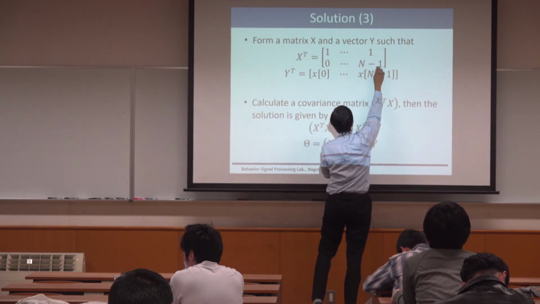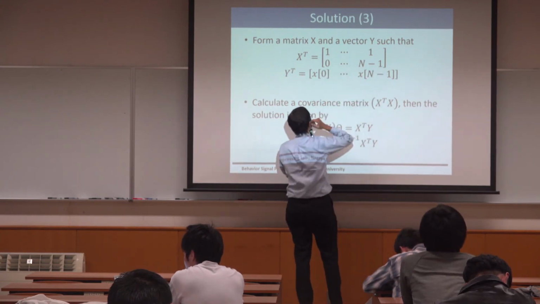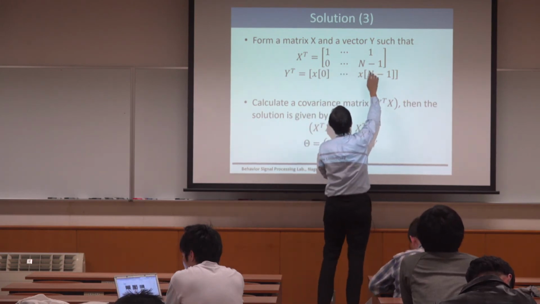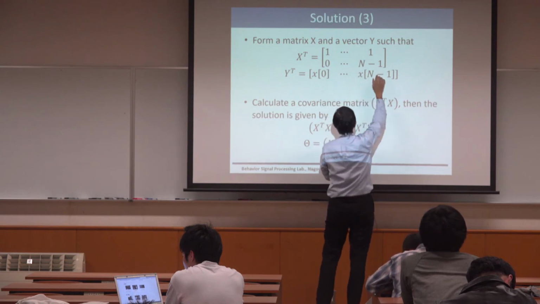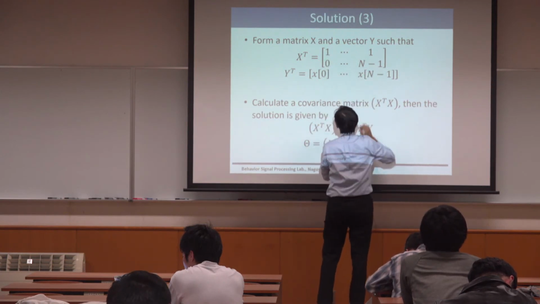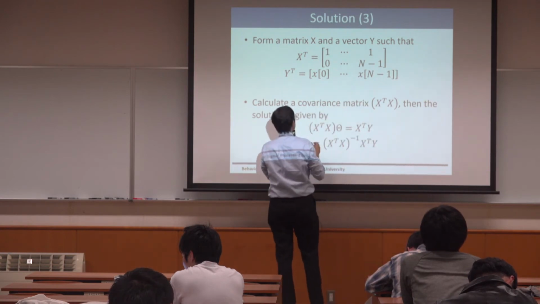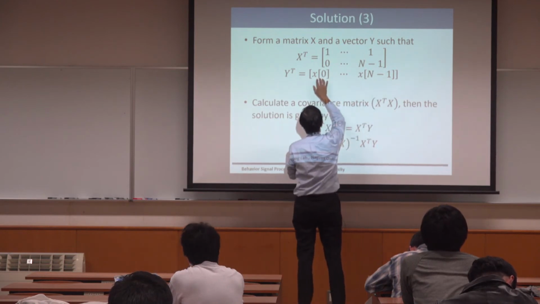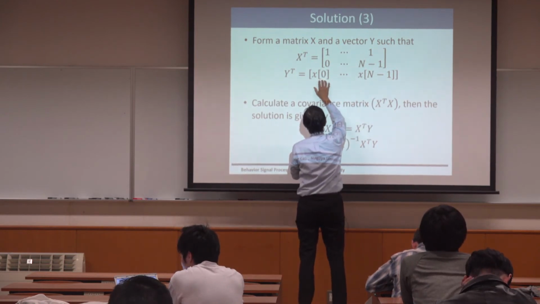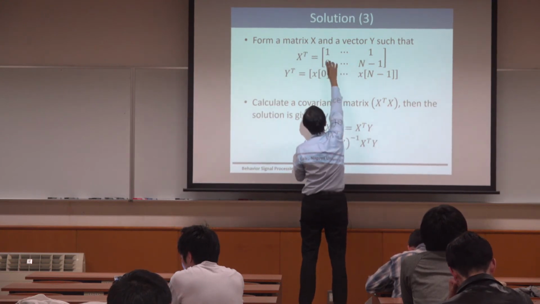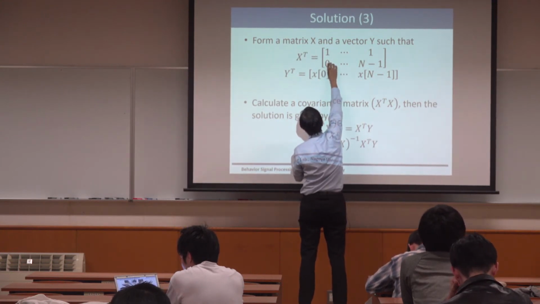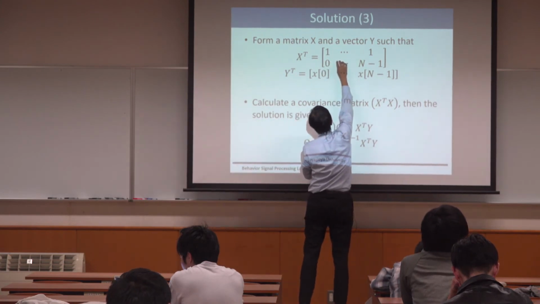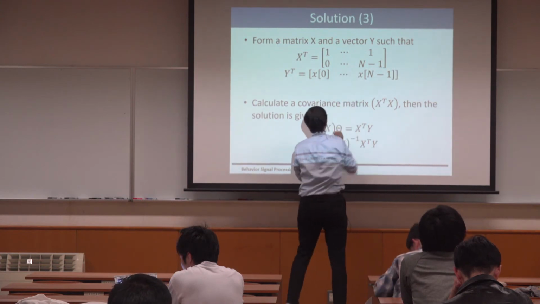And another is actually a vector which also aligns the independent variable, and also second, the dependent variable.